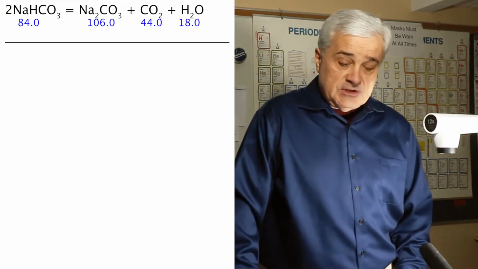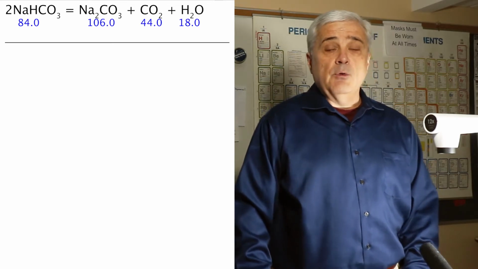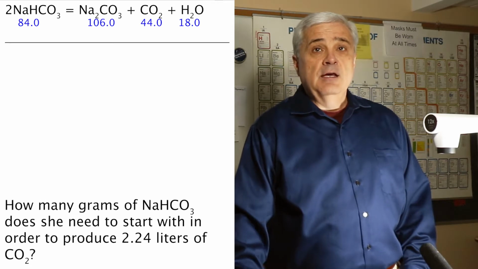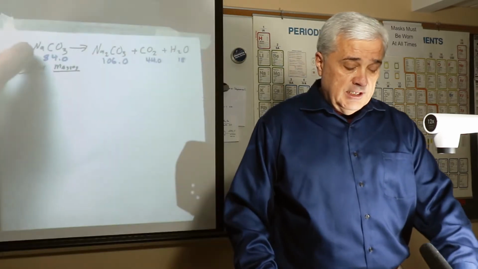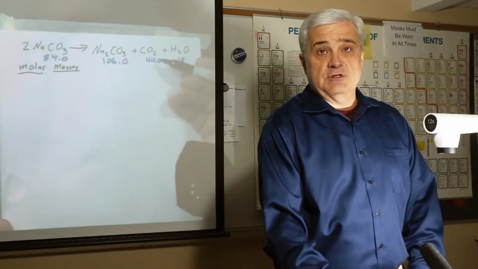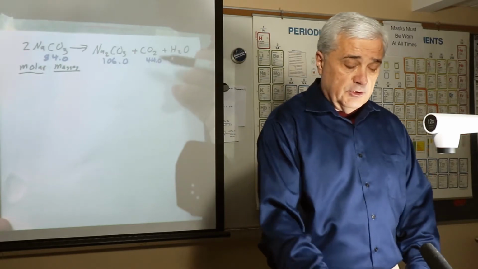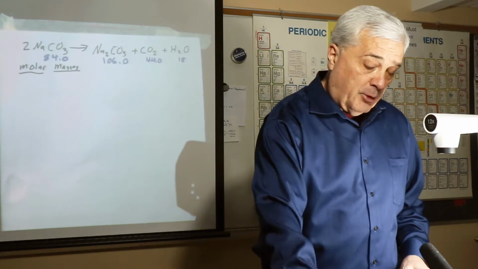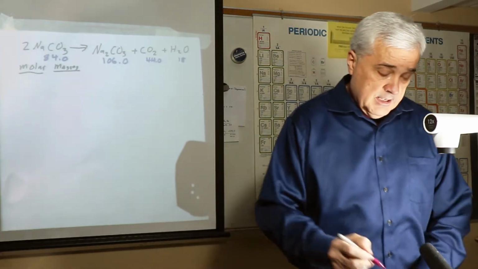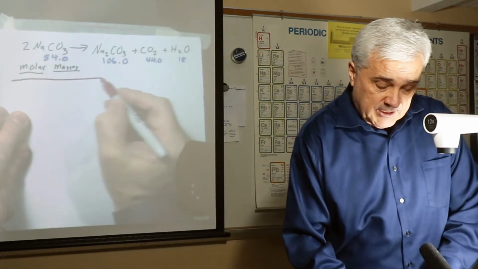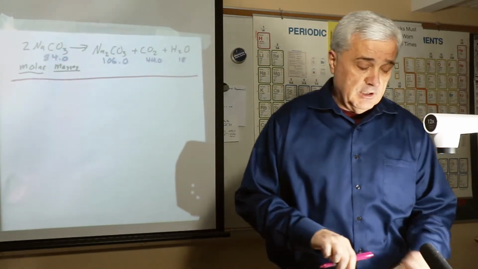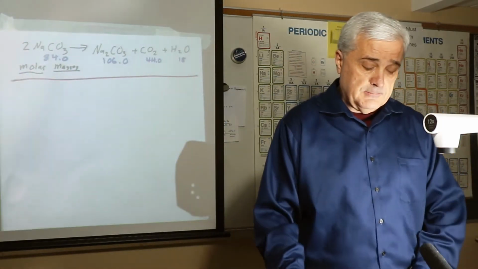Now the question says that we are to find out how much of this we need in order to produce some of this. How much of this are we going to produce? So I'm going to take my purple Sharpie. Purple has no meaning. It's just the one in my hand. I'm going to draw a line. That's my scratch work up there, the molecular masses and balanced equation.